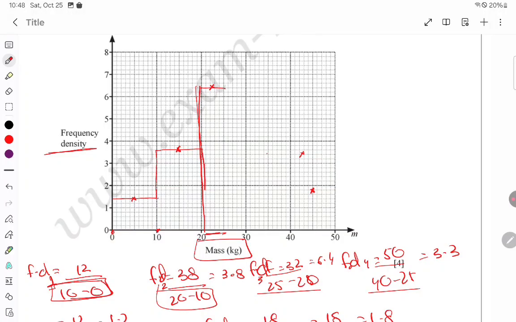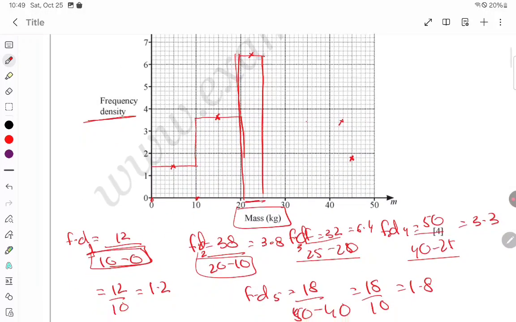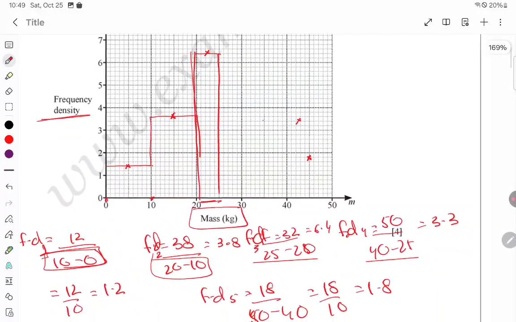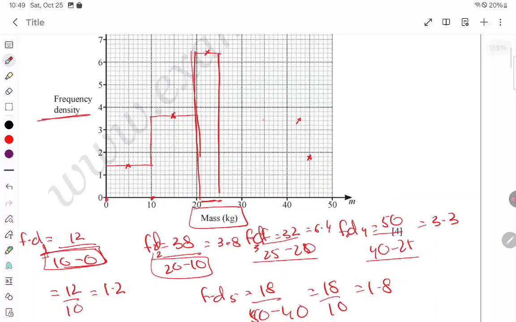This is our range only for 20 to 25. We're going to stop on the 25 only, and from that we start with 40 to 45.